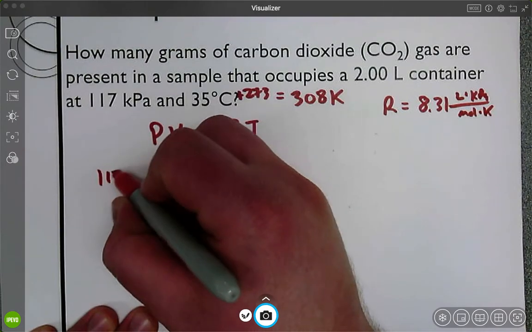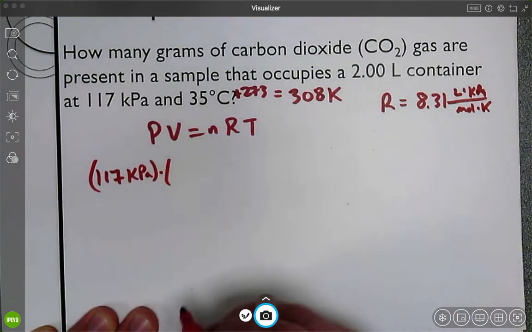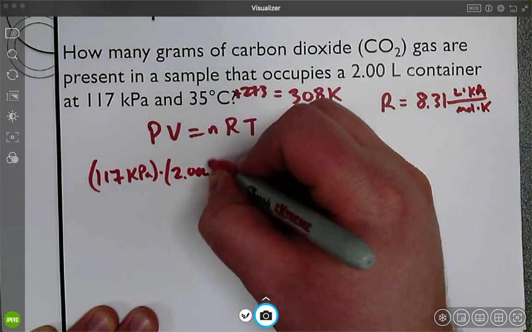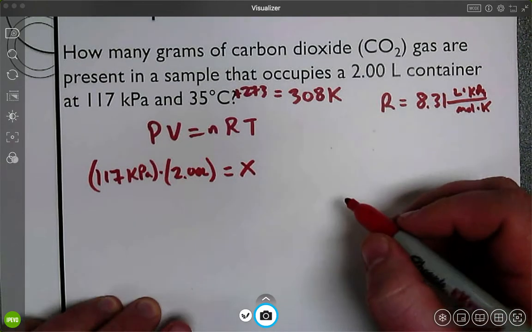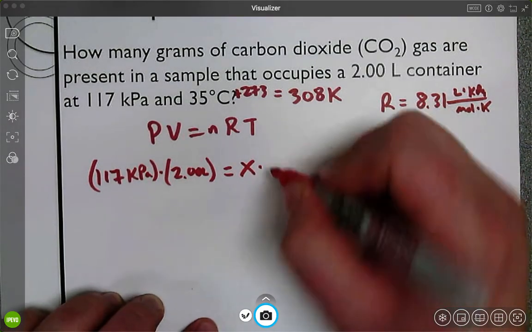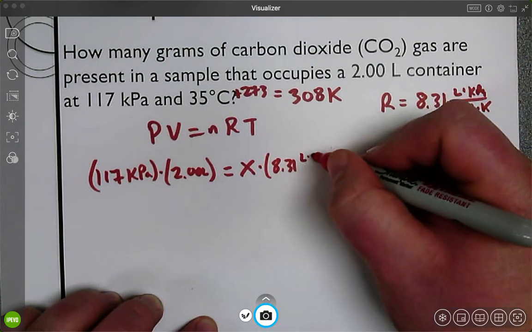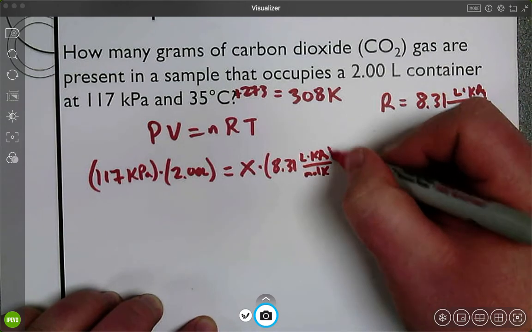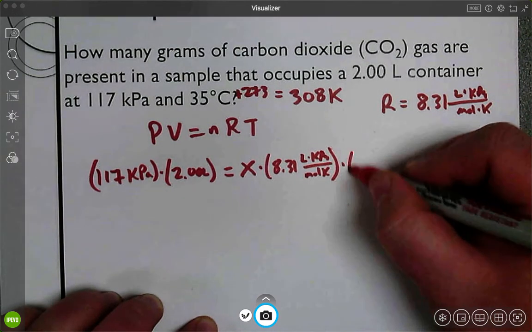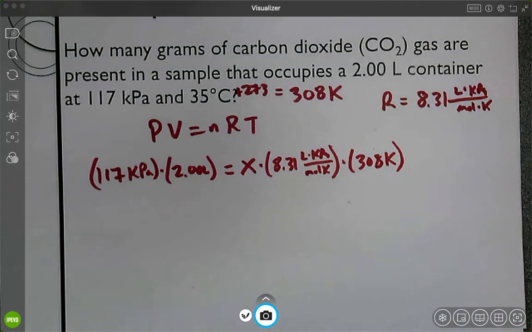Pressure, 117 kilopascals, times volume, 2.00 liters, equals moles, I don't know, times R value, 8.31 liters times kilopascals over moles Kelvin, times temperature, 308 Kelvin. So I'm going to find moles here, find X.